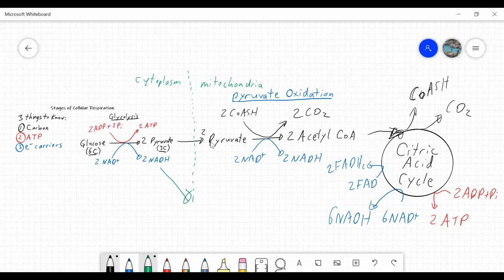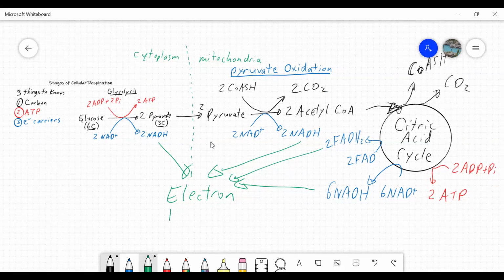So NADH, NADH, FADH2, and NADH, these go to the electron transport chain. And if you want, you can write down, they're going to go there and make a whole bunch more ATP. But that's what we're going to talk about next day.